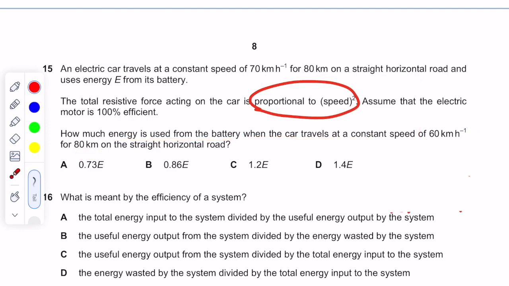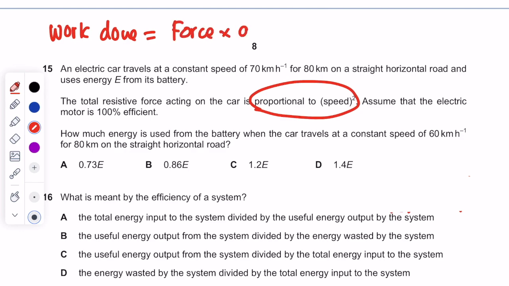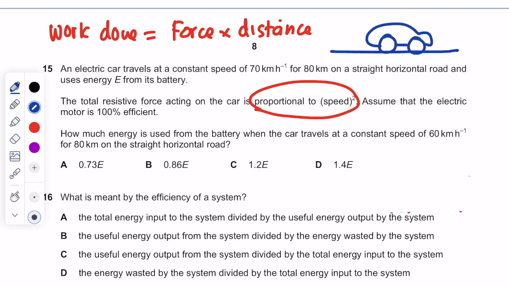Alright, let's try to understand energy or work. Work done is force times distance, right? But we have to think about the force on the car. If the car is moving at constant speed, horizontally there are two forces.